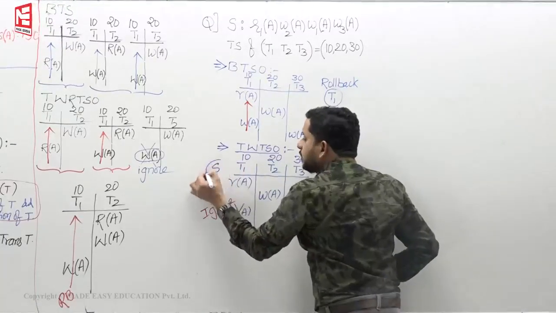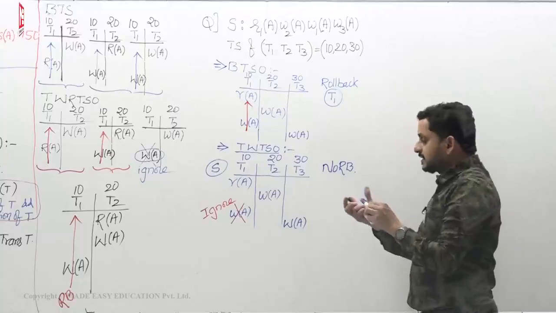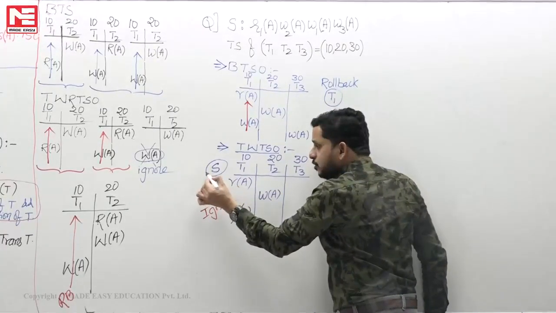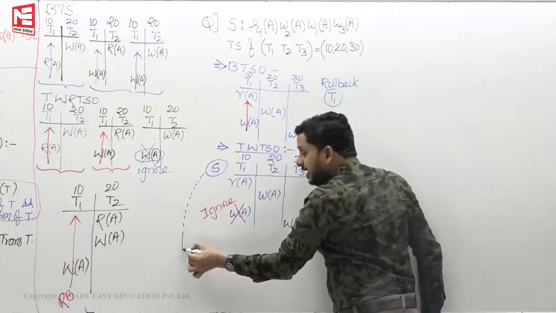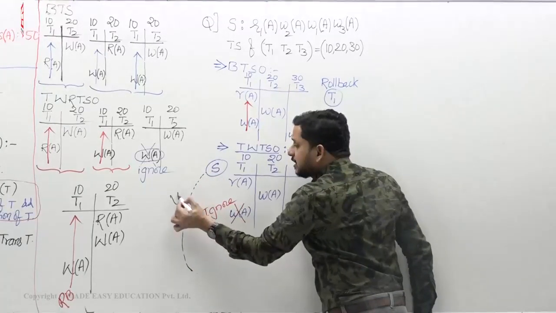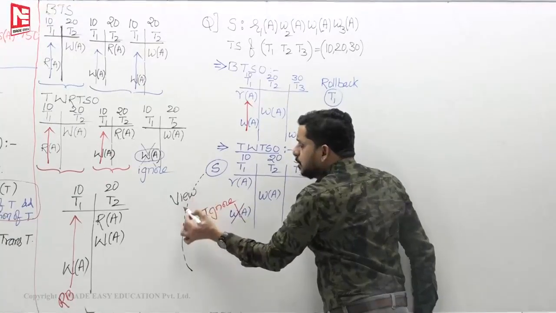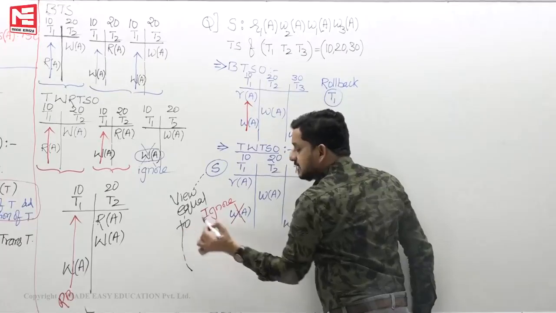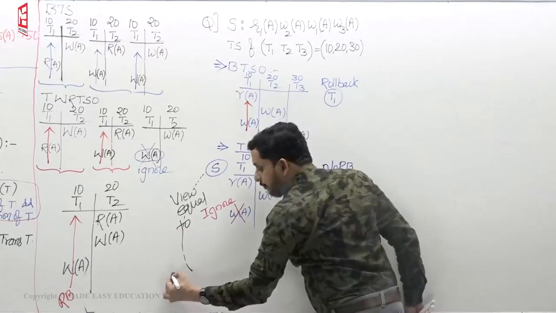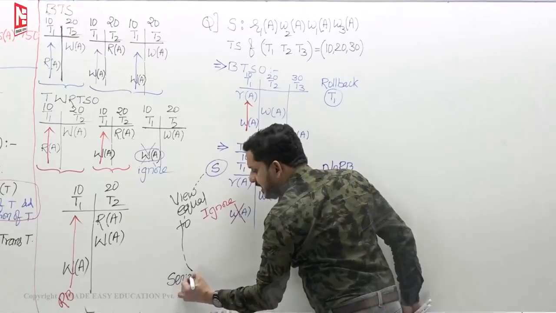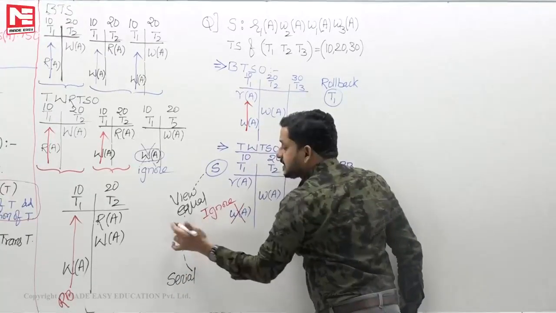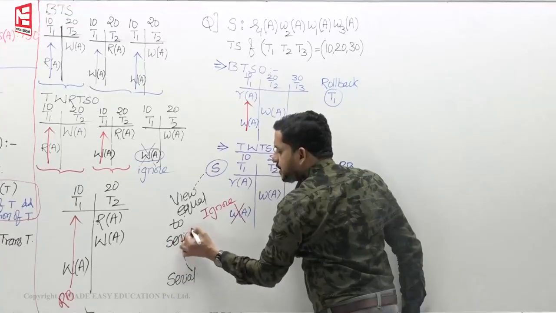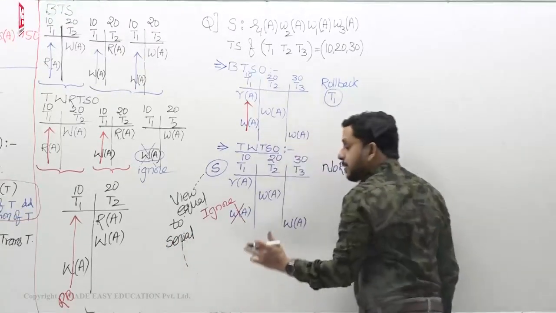What the Thomas Write Rule conveys is that if you ignore this write, this schedule is view equal to a serial schedule based on timestamp orders.